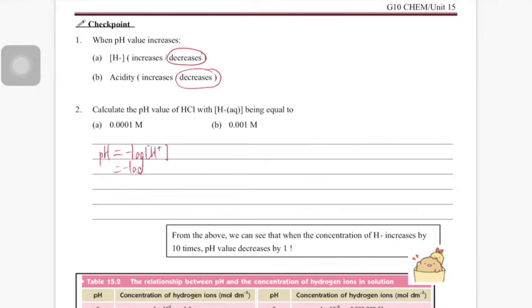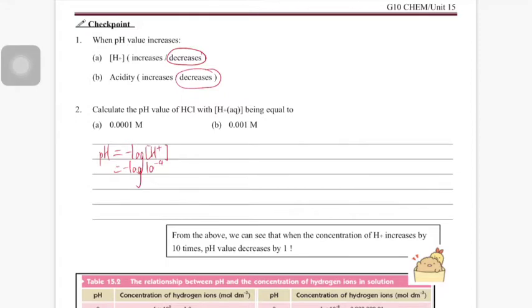The way to represent this number can also be 10 to the power of minus 4. How many zeros you have here is just the power of that number. For example, I got 4 zeros before the number 1, then it should be 10 to the power of minus 4.